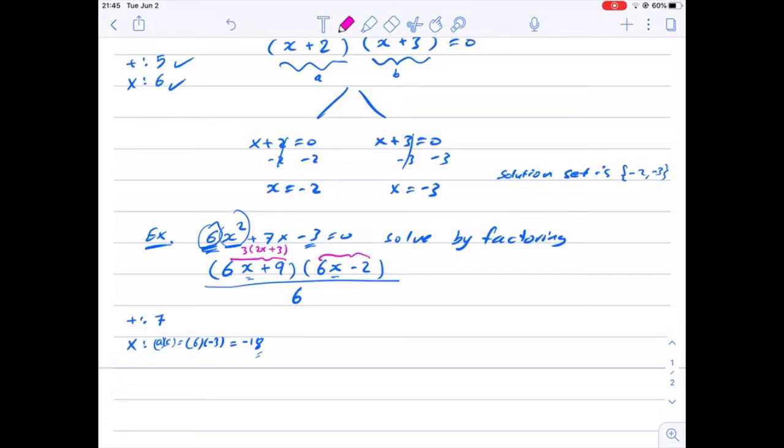And we can factor the second expression, so we can take 2 as a common factor, and we are left with 3x minus 1. And then this becomes 2 times 3 is 6, times 2x plus 3, times 3x minus 1, all over 6.